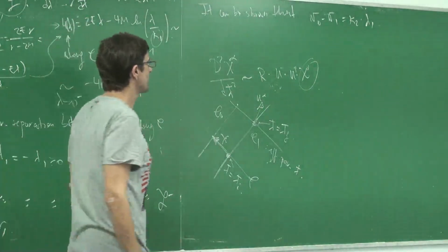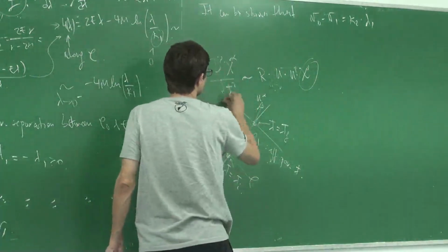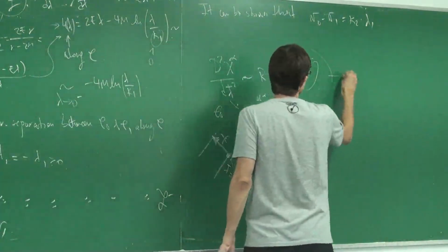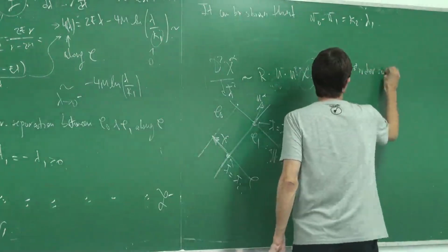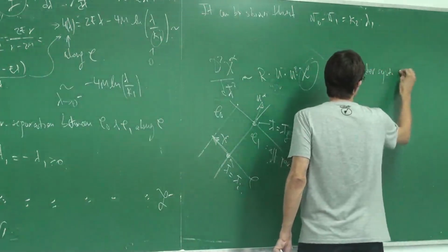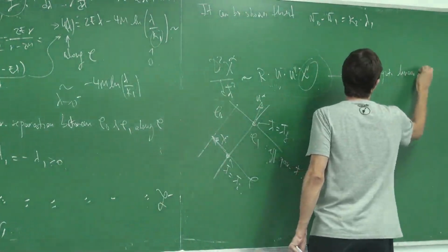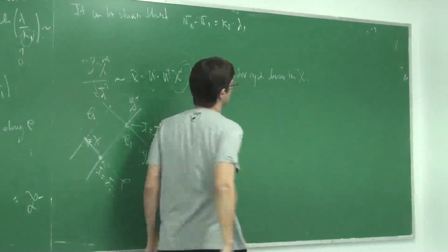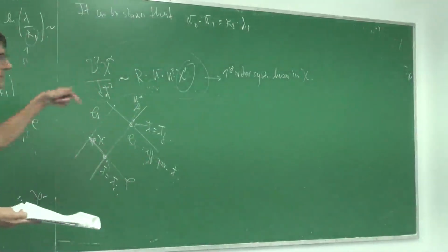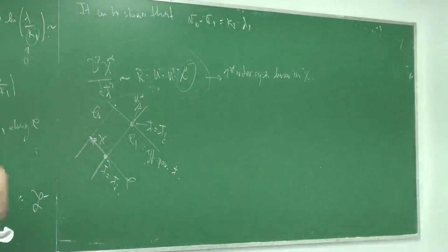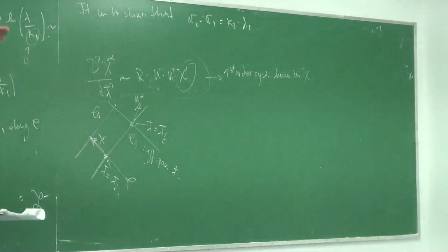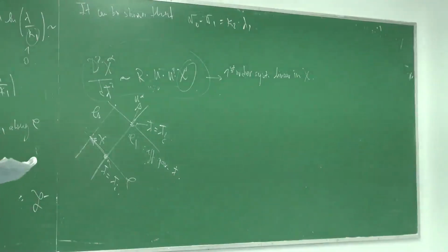Now you can rewrite this as a first order system, linear in chi. You just call the second order derivatives some other variable, and you have a matrix that gives just a first order system.